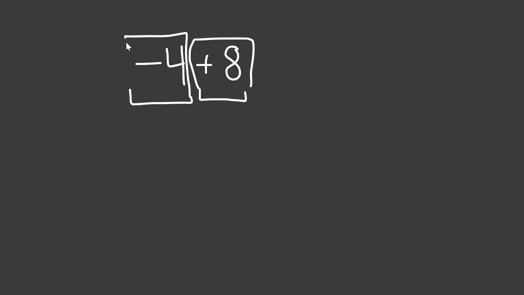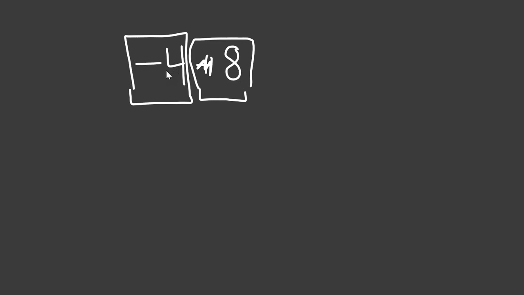Negative 4 plus 8. We'll go into what are called terms, but really what you can just think about right now is negative 4 is one term, and then positive 8 is another. These little sections can be rearranged. Positive numbers don't really need that sign, but negative numbers definitely do.